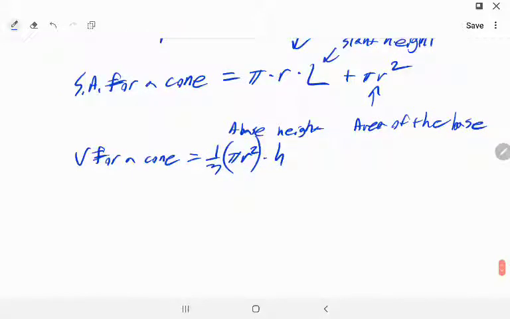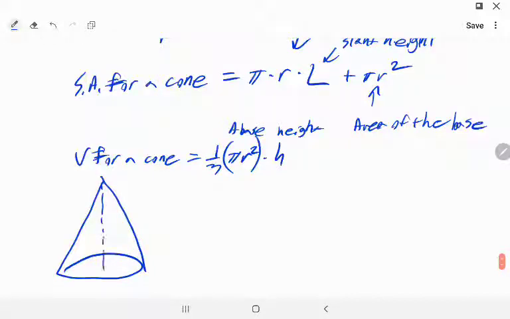So if we had a cone with a height of 12 and a radius of 5, let's make that bigger so we can see it. Let's make it 12 inches, and the radius is 5.